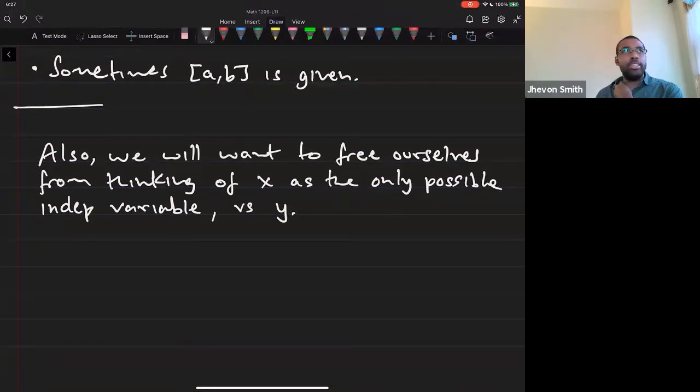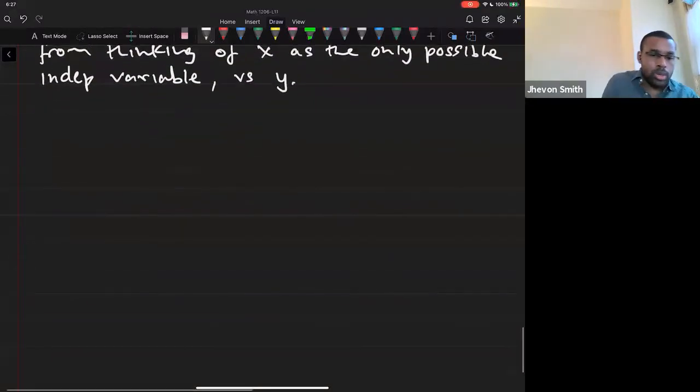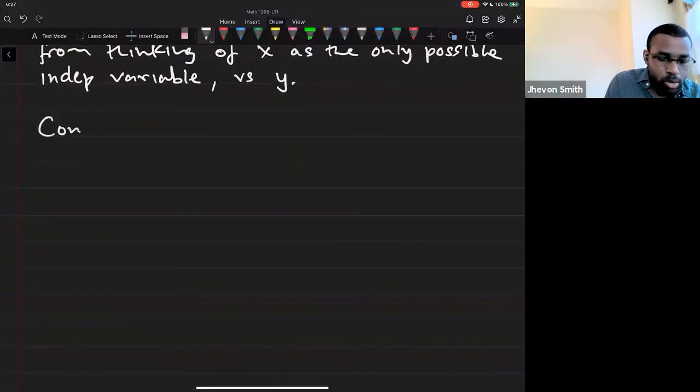But the idea is you don't just want to think in one direction like, oh, X is always my input. I always erect rectangles vertically, because you can actually think of Y as an input variable and think of everything horizontally, like do horizontal rectangles. So it is possible to do an integral with respect to Y, for example, with a dy. So I just want you to be aware of that.